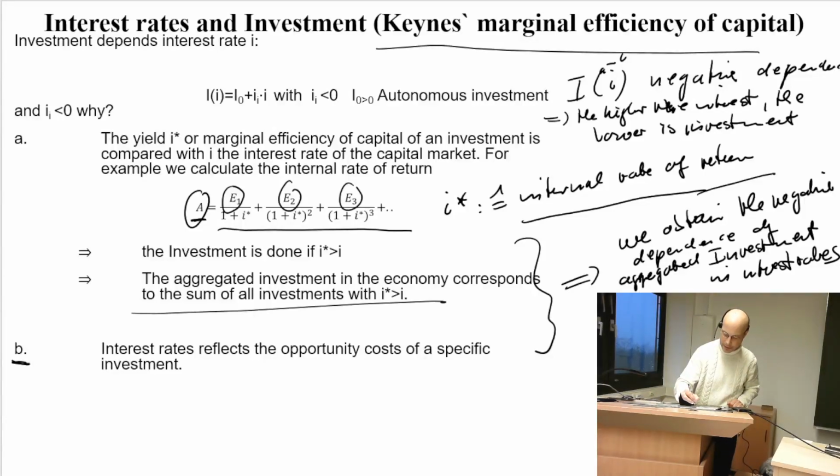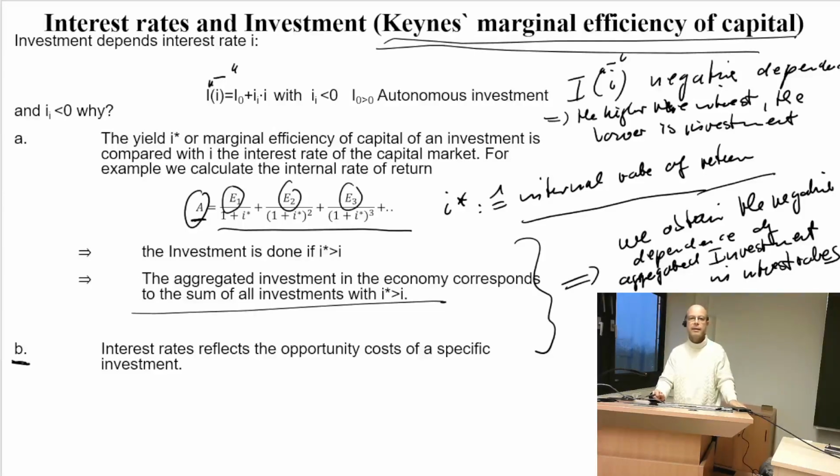And then we talked about the direction of the dependence of interest rates and investment, and of course this will be negative. And we had two arguments. The first one was the marginal efficiency of capital. So to speak, we look at an investment project, and then we can calculate an internal rate of return of this specific investment project. And then we compare this with the interest rate at the capital market.